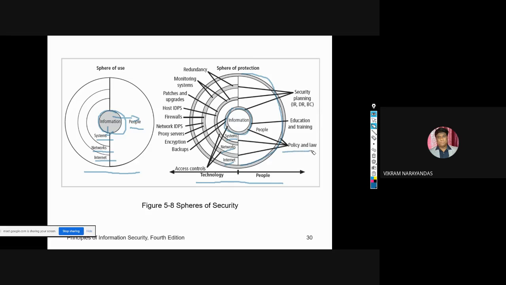For information, for systems, for internet, for networks, you have some policies. Even for the people, you have maintained some policies and laws. And education and training also, which are located between the people and information.